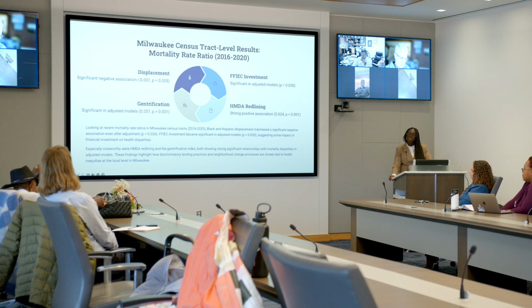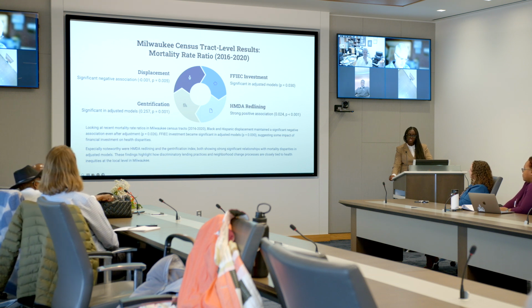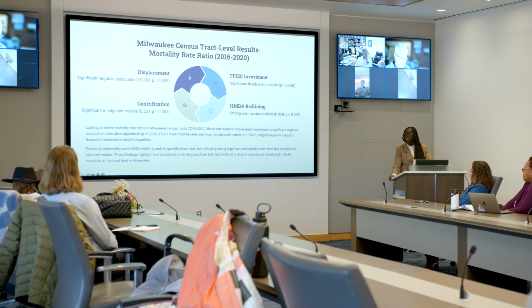FFIEC investment. Investment from the FFIEC was significantly associated with reducing racial mortality disparities at the census tract level, emphasizing the importance of targeted financial investments in low-income neighborhoods and in society as a whole. Redlining remained a strong predictor of racial mortality disparities, reinforcing the need for interventions to address disinvestment in mortgage loans and lending practices.